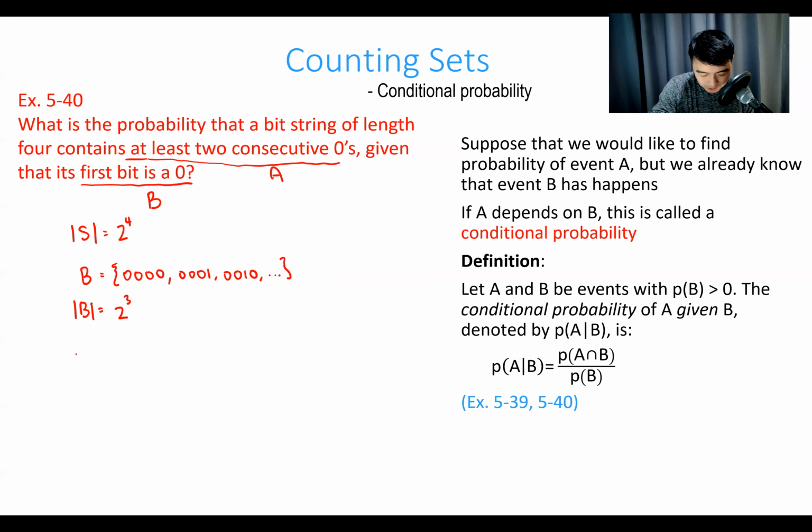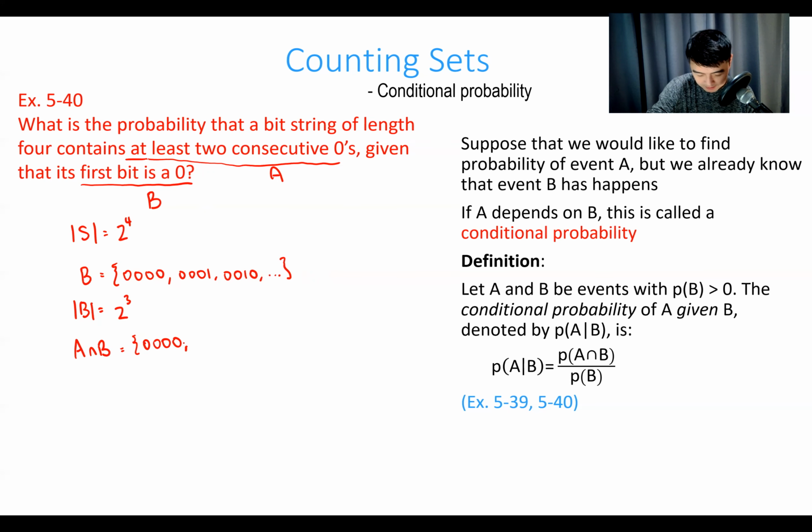Okay, what about A and B? I hope you know where I'm going with this. A and B answers the question: at least two consecutive zeros and the first bit starts with a 0. Now I think we can list out everything. A and B will contain 0, 0, 0, 0.